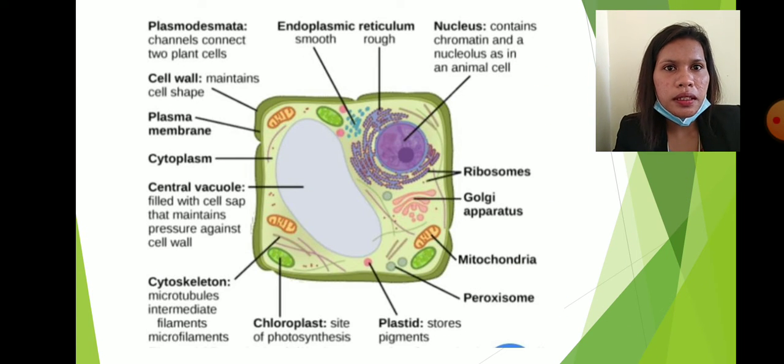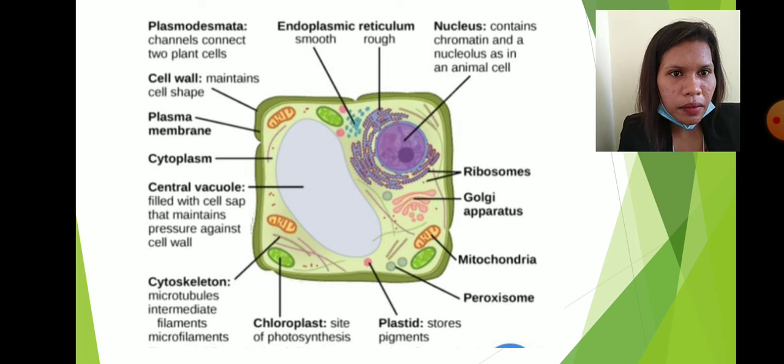Next, ito yung example ng plant cell. So, nakapaloob dyan, plasmodesmata, cell wall, plasma membrane. Makikita natin nakapaloob dyan lahat. So, Golgi apparatus. Memorize natin ito guys kasi isa din ito sa lalabas. So, may mitochondria at marami pa.